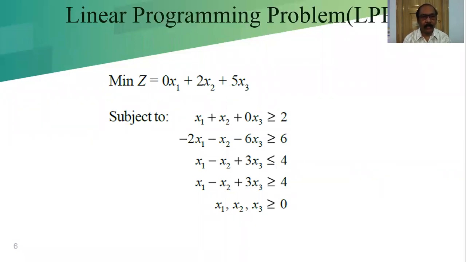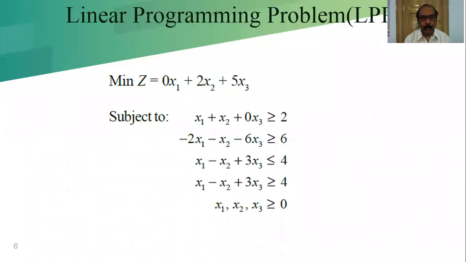minimize z equals 0x1 plus 2x2 plus 5x3. Subject to x1 plus x2 plus 0x3 greater than or equal to 2, minus 2x1 minus x2 minus 6x3 greater than or equal to 6, x1 minus x2 plus 3x3 less than or equal to 4, and another inequation is x1 minus x2 plus 3x3 greater than or equal to 4. x1, x2, x3 greater than or equal to 0.